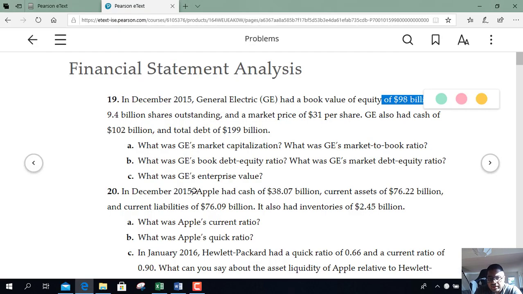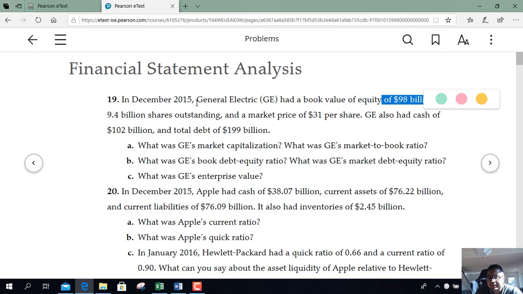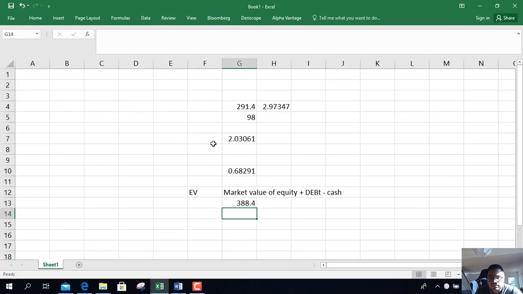Cash is given to be 102 billion. So the enterprise value for General Electric is 388 billion.